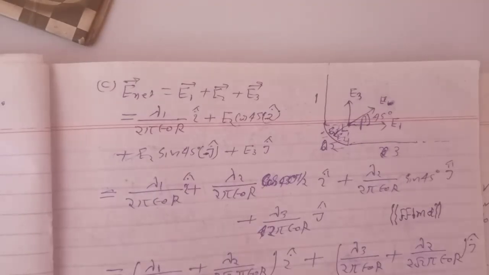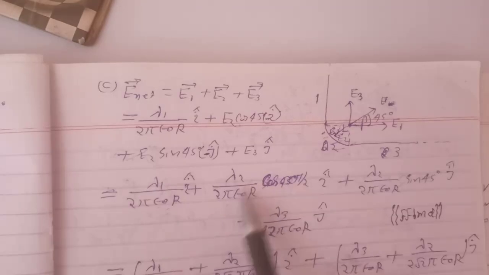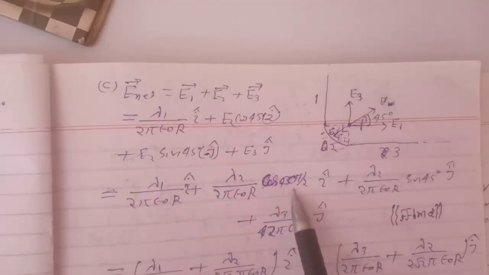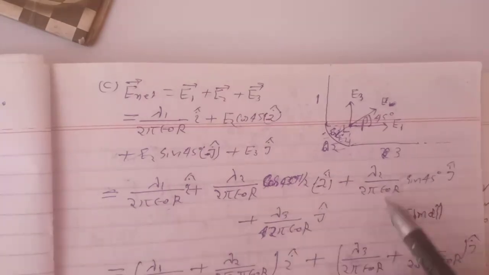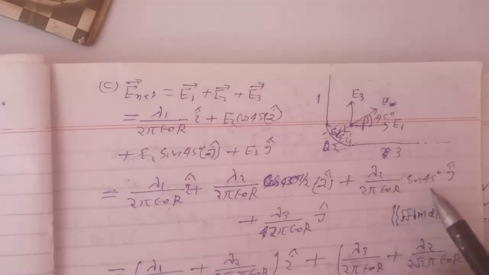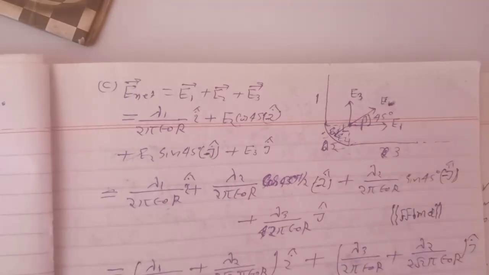So we have lambda 1 by 2 pi epsilon naught i cap, lambda 2 by 2 pi epsilon naught cos pi by 4 into minus i cap, and lambda 2 by 2 pi epsilon naught sin 45 degree into minus j cap, plus E3 j cap.